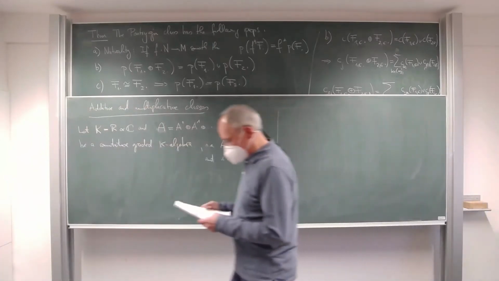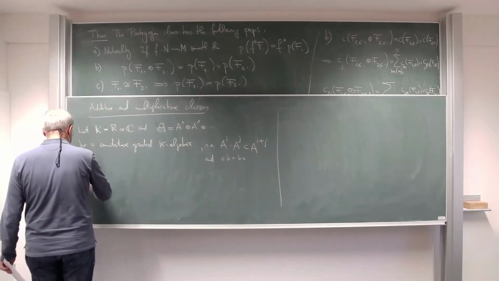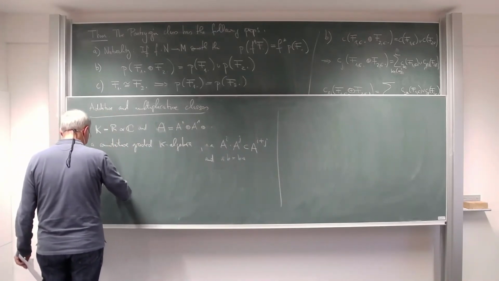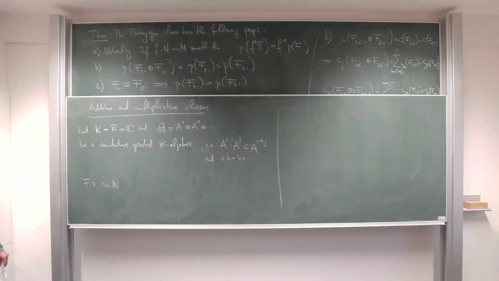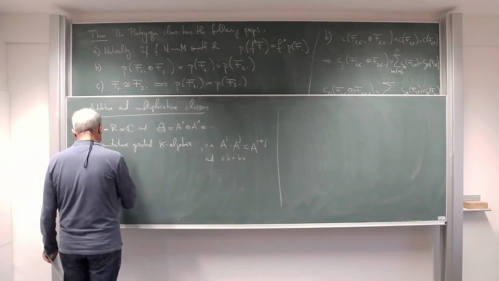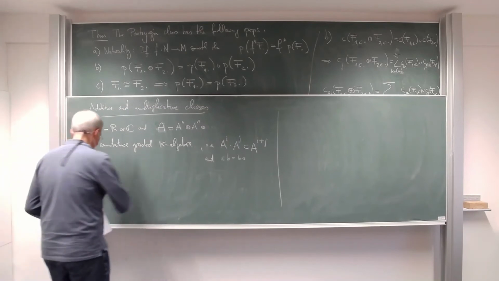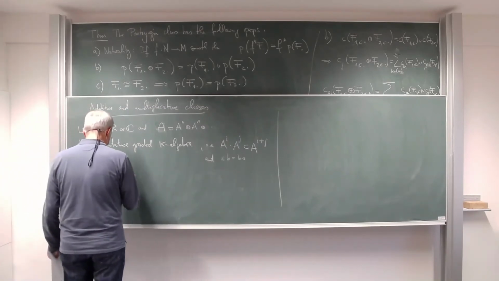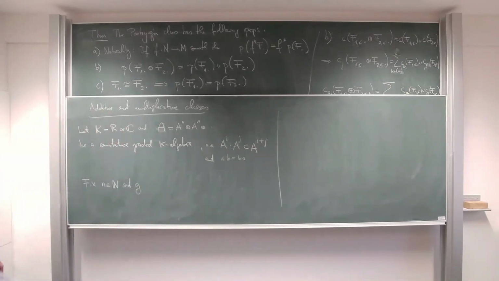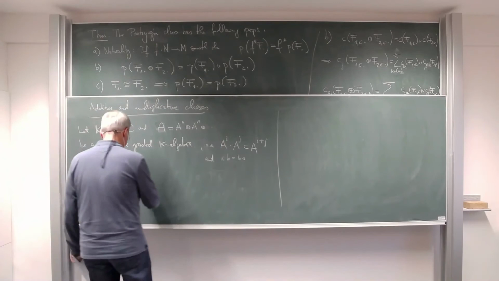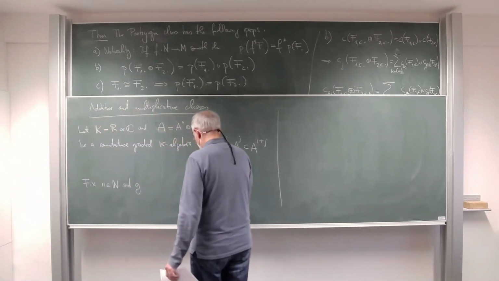Okay, and now fix a natural number n. Later this will be the rank of a bundle. It could also be 0, but then it would not be interesting. And let g be a formal power series in one variable. So that should be an element in K[[x]].